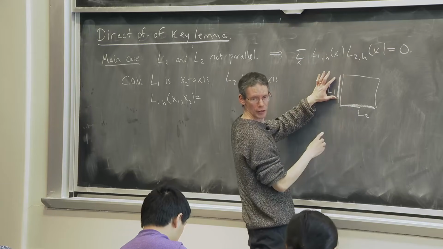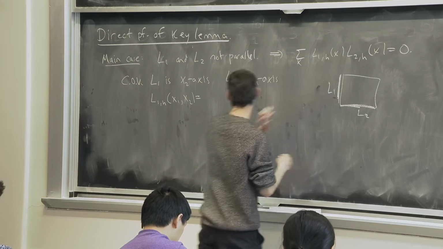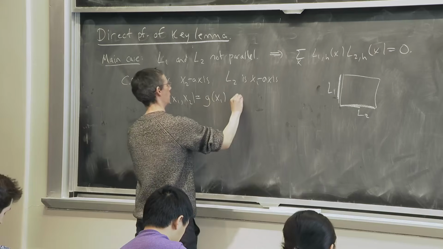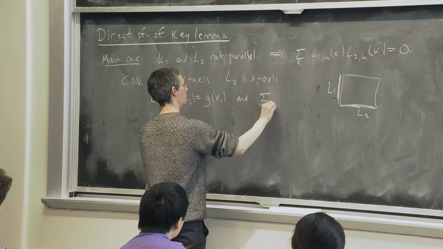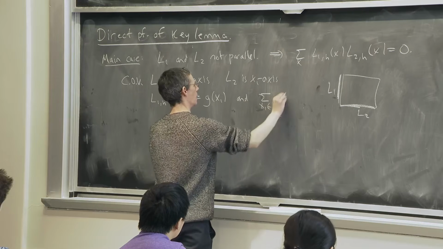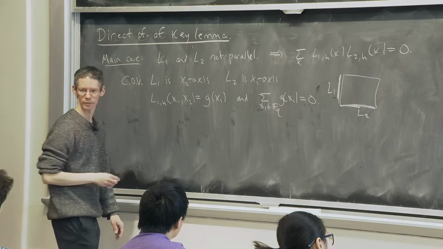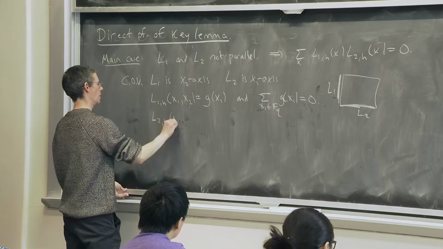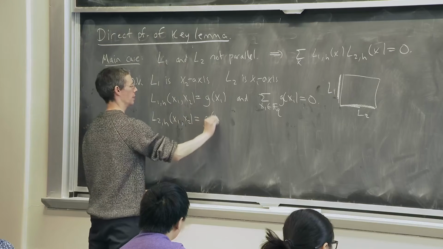Then we're subtracting a constant function from that, so it still only depends on x1. So this is a function g of x1, and it's mean 0. So the sum over x1 in F_q of g of x1 is 0. Similarly, L2 high of x1, x2 only depends upon x2, and it's g of x2.